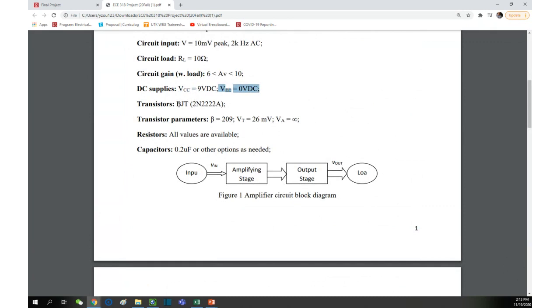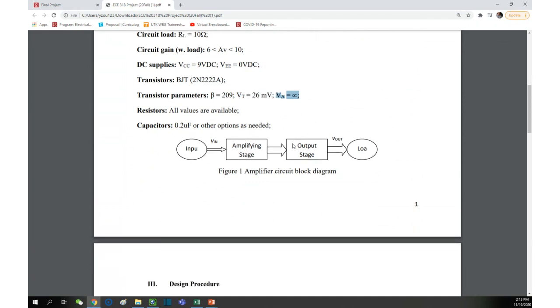And the BJT is given as this, and you need some parameters to do the design calculation. So we're assuming the beta gain and thermal voltage, and we are neglecting the output resistance, open circuit.